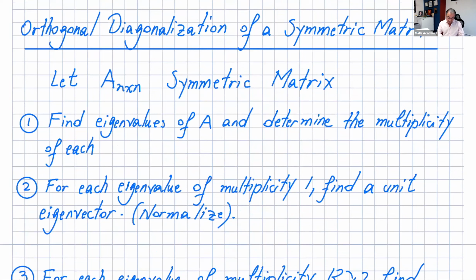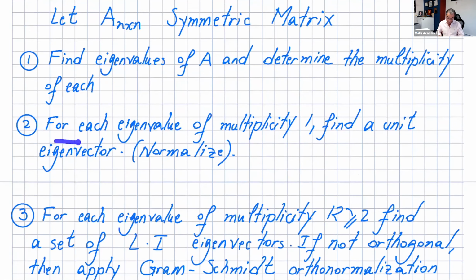Orthogonal diagonalization of symmetric matrices. There are some steps to do it. You are going to be given a symmetric matrix. You find the eigenvalues of that and determine the multiplicity of each. For each eigenvalue of multiplicity one, find a unit eigenvector.